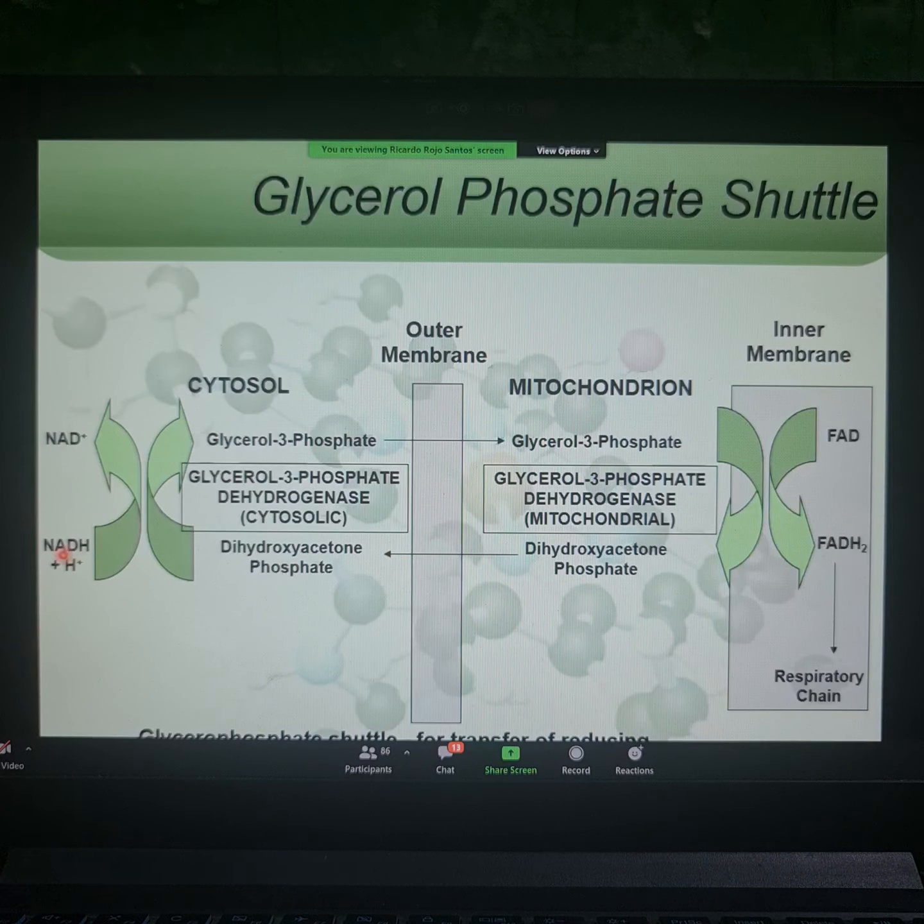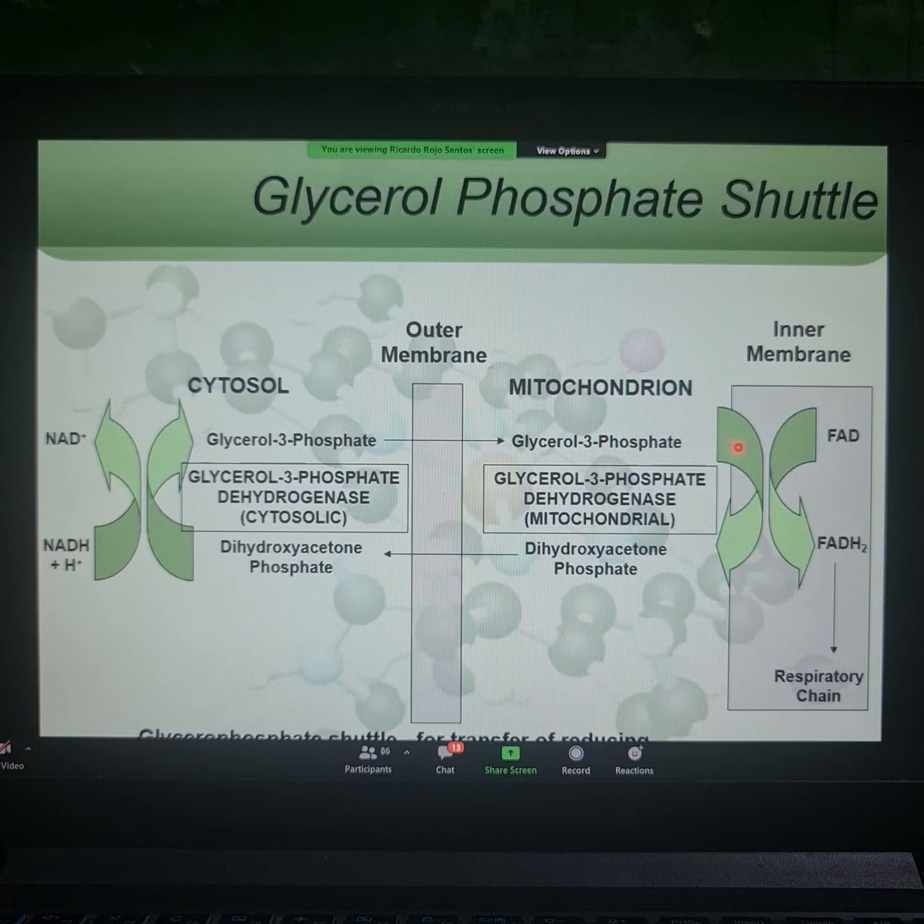So the electrons formerly carried by NADH will now be carried by glycerol 3-phosphate and it will be translocated into the mitochondria, where it will be acted upon by mitochondrial glycerol 3-phosphate dehydrogenase. It will react with FAD, and so what will happen?